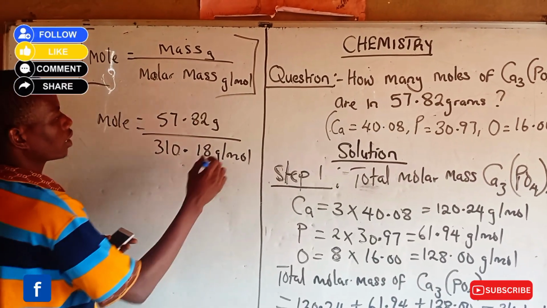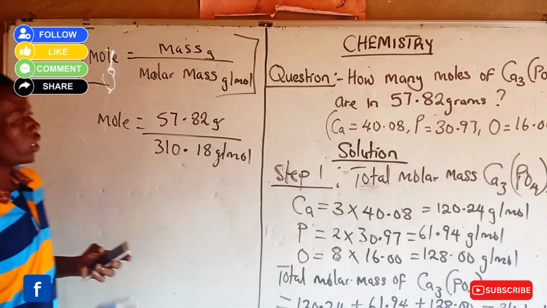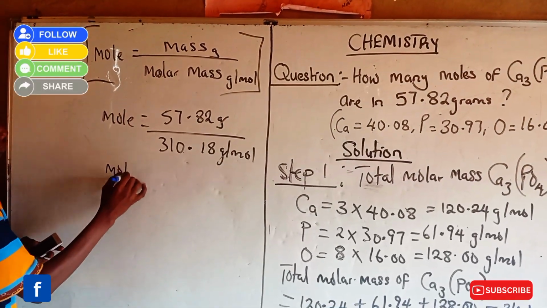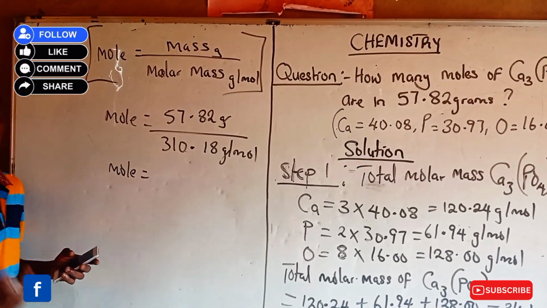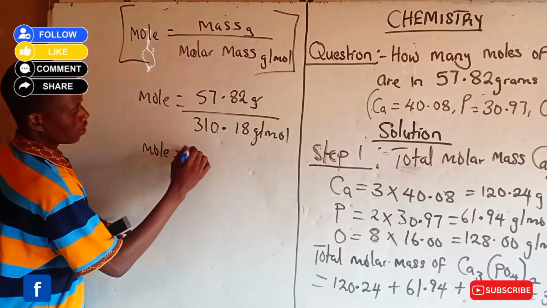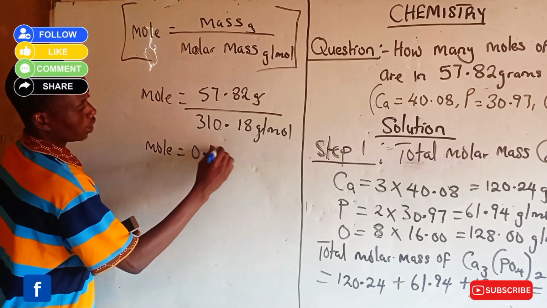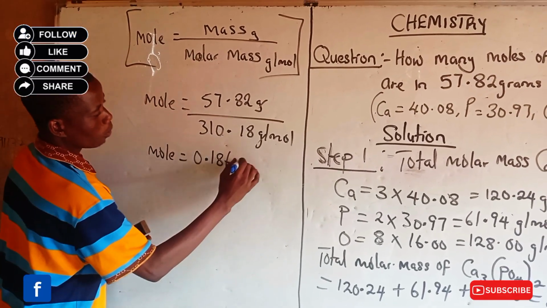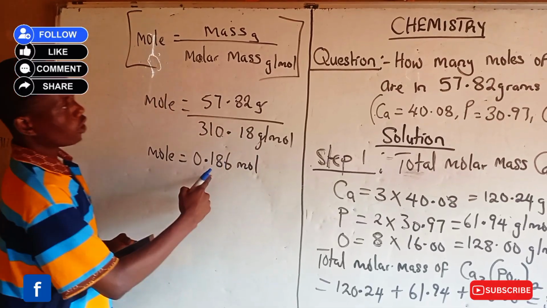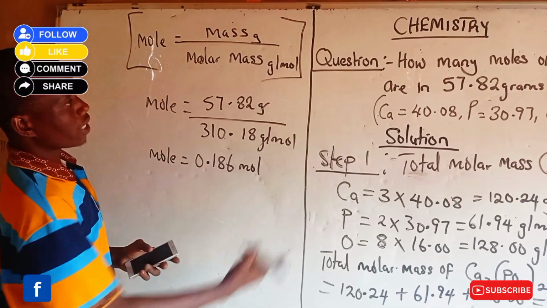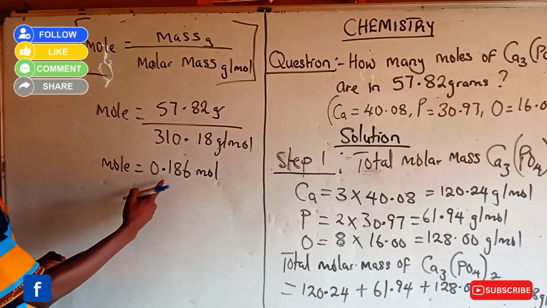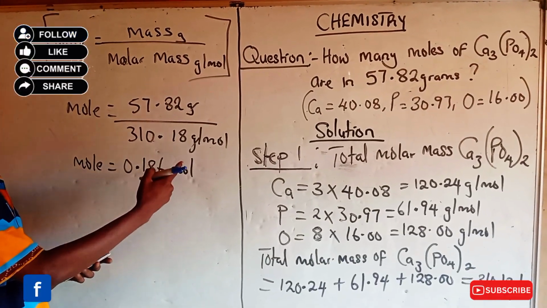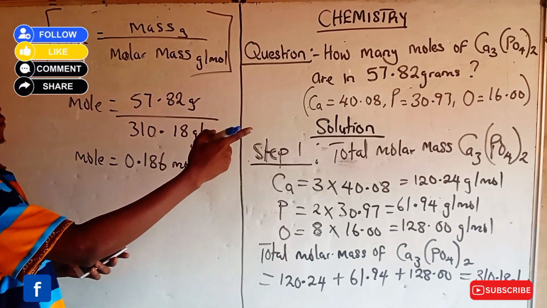And don't forget, the gram is taking away the gram. Then the mole will be equal to what? 0.186 mole. Therefore, the number of mole that is present in calcium phosphate is 0.186 mole.